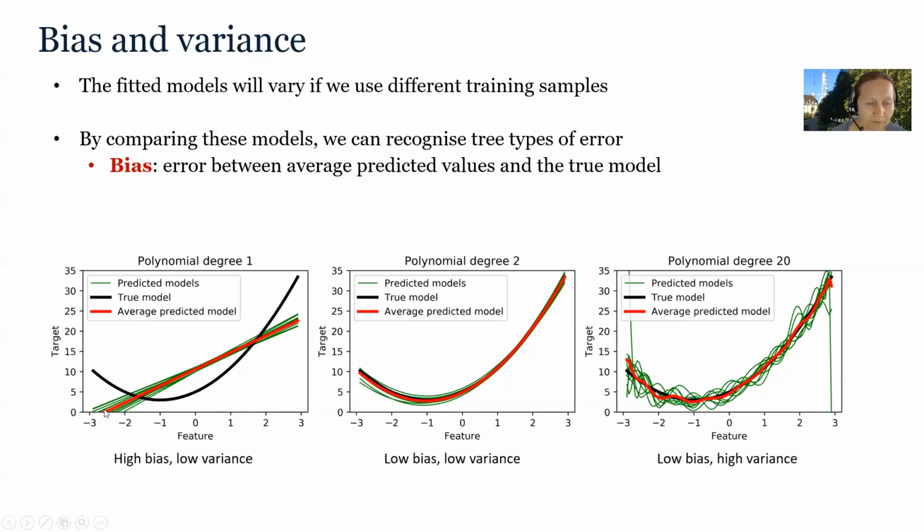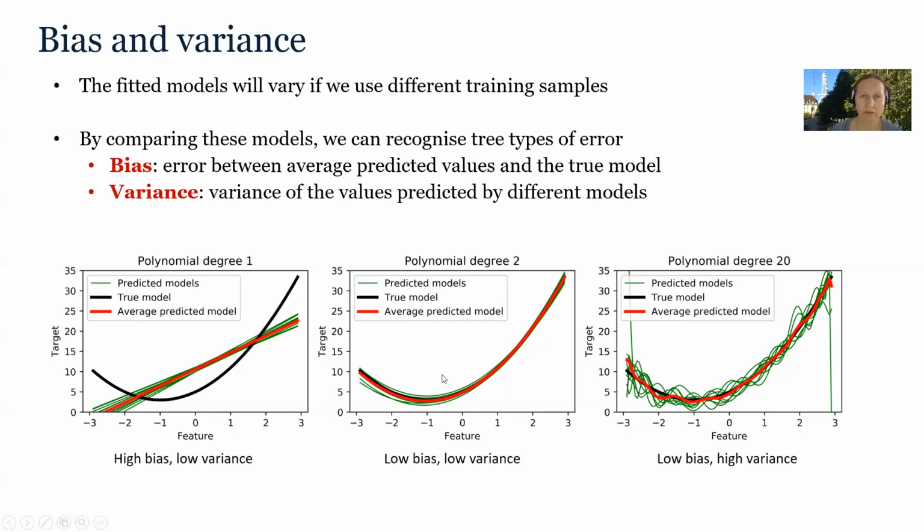And our average predicted model is linear, so we have systematic error here. So we have high bias in this case. When we look at polynomial degree 2 and 20, we see that the true model and average model are very close to each other, so we have low bias.